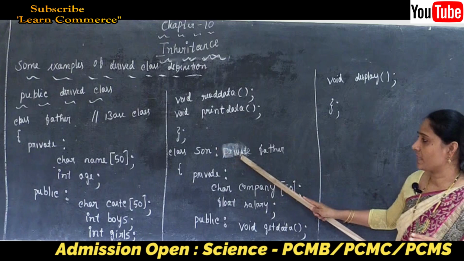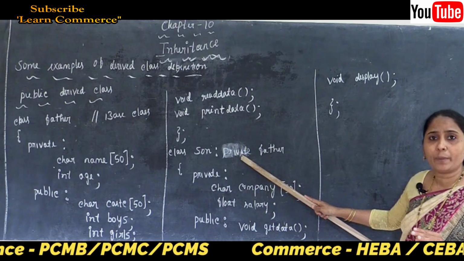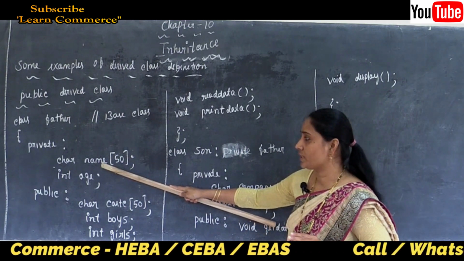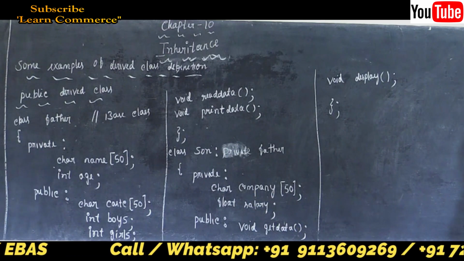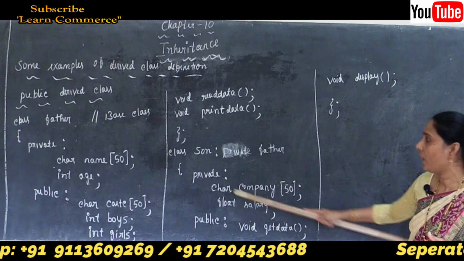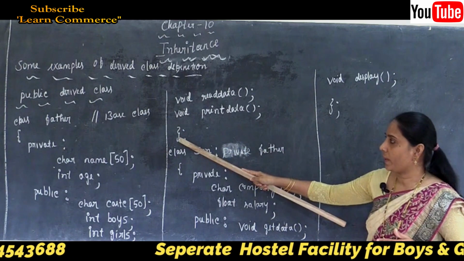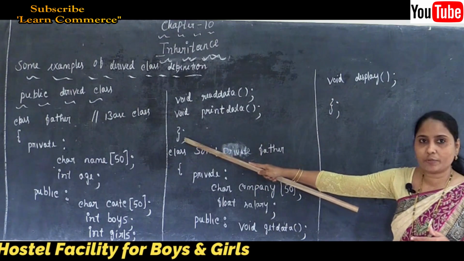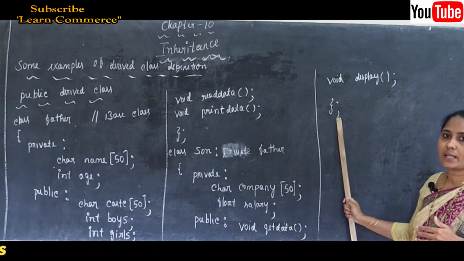So here I want to access some of the features from the private base class father. In private, the features name and age are going to be accessed by our derived class, and the derived class also contains some member data and member functions. And we already know why, because of the closing bracket and semicolon: not just the base class definition, the derived class definition is also terminated by using a semicolon.